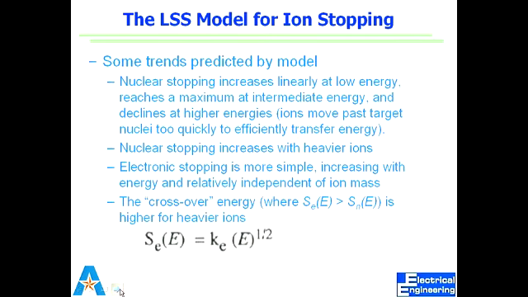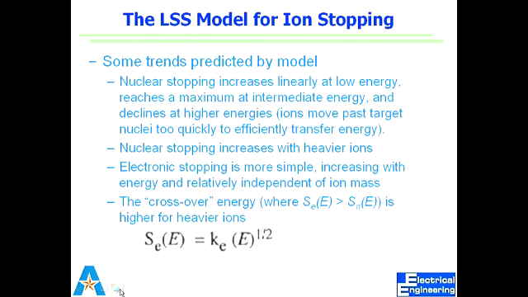So what this gives us is that nuclear stopping increases linearly at low energy and reaches a maximum at intermediate energy, and if you have much higher energy, then nuclear stopping becomes almost negligible. So depending on what energy it starts with, that defines how far it will go.